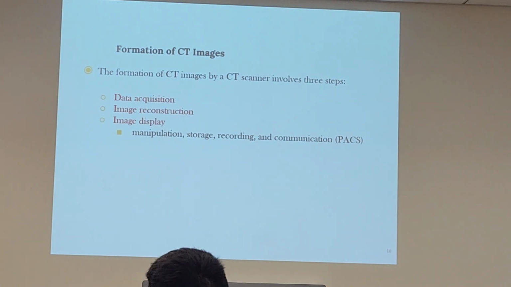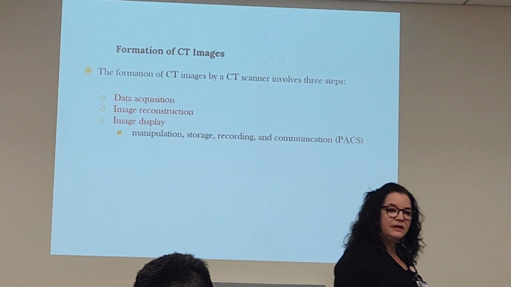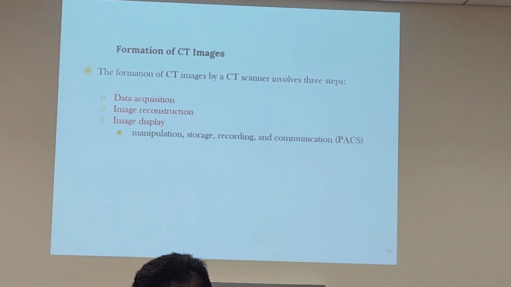And then the image display is where you have the ability to manipulate into a reconstructed state, right? So if I wanted a coronal view, I can change it by clicking on the mouse. If I want a sagittal view, I can reconstruct all that information into a sagittal view. If I want oblique views, I can do that as well.